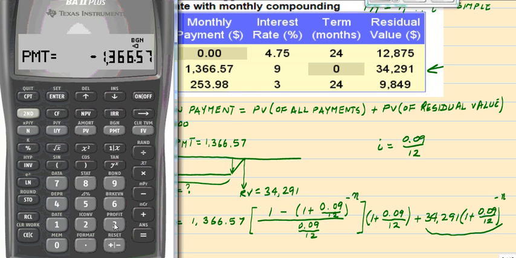So that's a negative value again, 34,291, change sign, and future value. And then compute n. N is equal to 36.